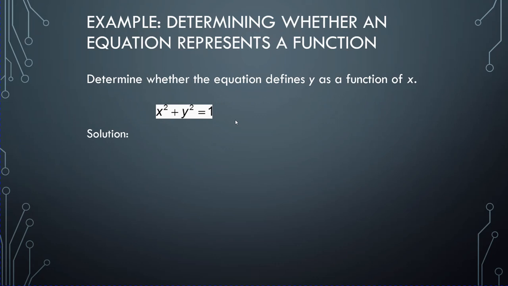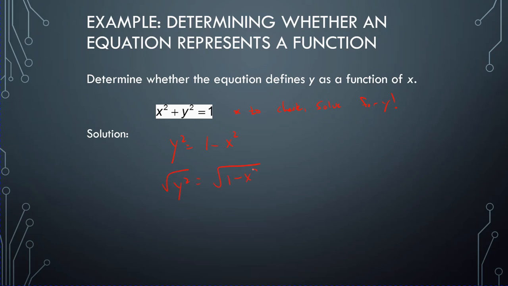Determine whether the equation defines y as a function of x: x squared plus y squared is equal to 1. To check, let's solve for y. The first thing I'm going to do is subtract the x squared over. Now you've got to solve for y, so you're going to take a square root.